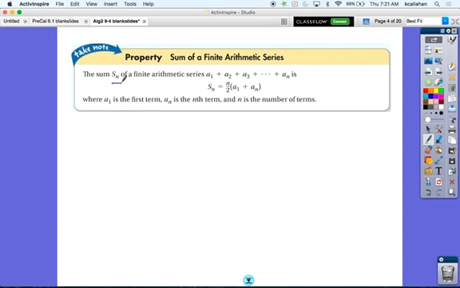And you can see that the formula is n, which is going to be the number of terms. a1, we know already, means the first term.